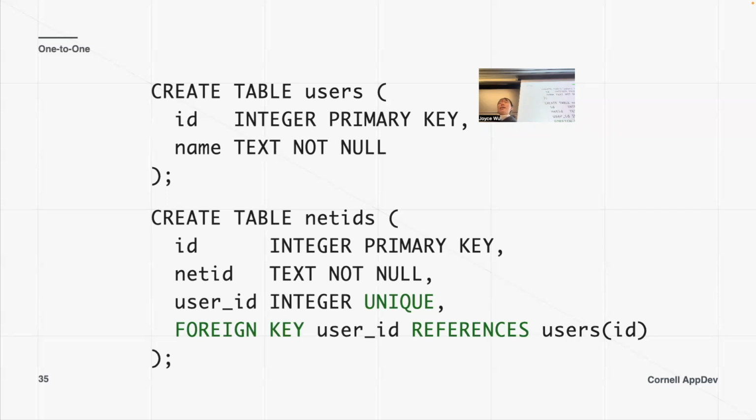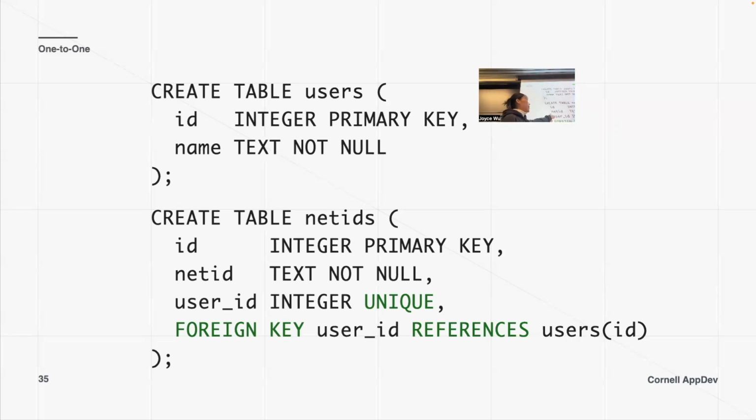Remember how in the second lecture we talked about how a database isn't one particular table, but rather a collection of tables. We see that illustrated here, where we can have multiple tables linked together in these relationships. So when we create the table for net IDs, we have the ID, we have the net ID, and then we have a field to reference back to the user ID from our users table.